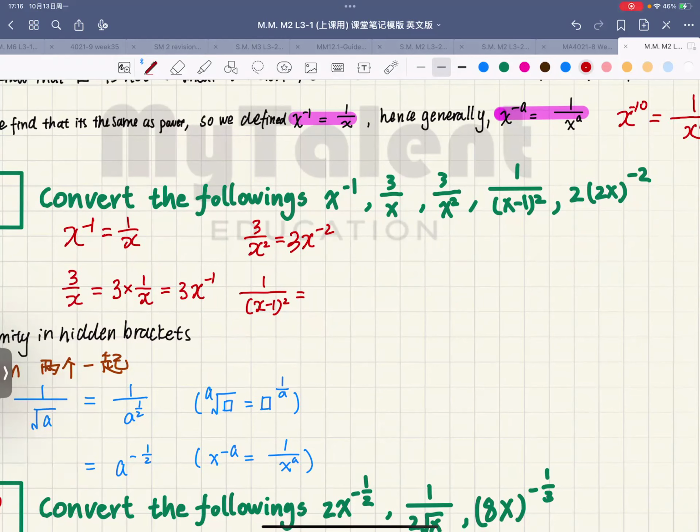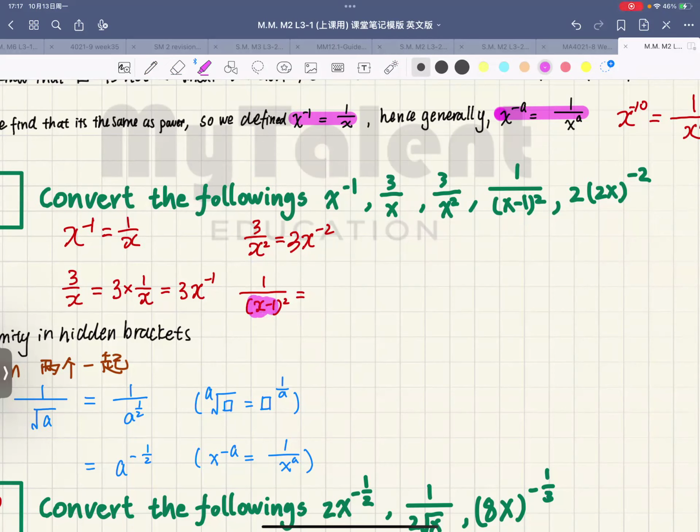We have formula here. Okay, that's right. Basically, we see this as a whole part.